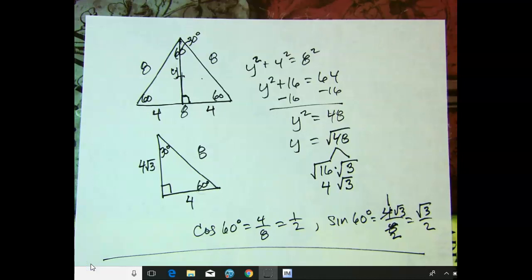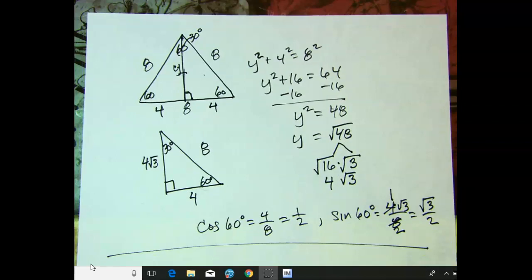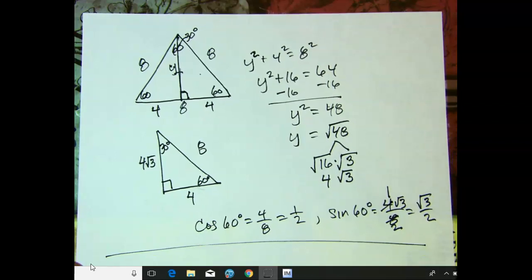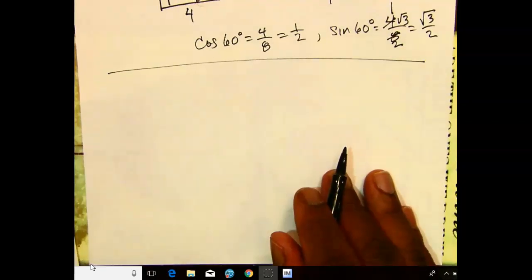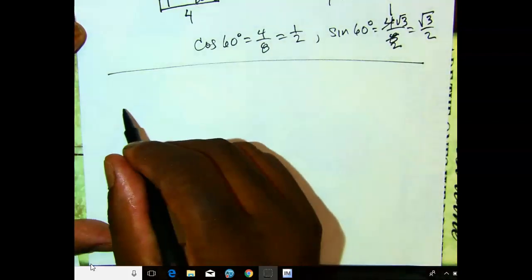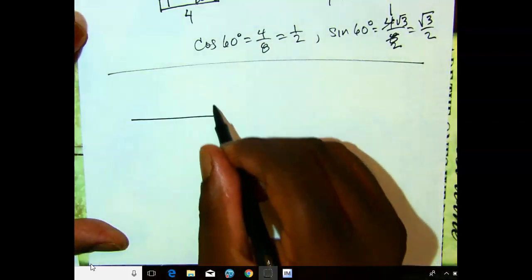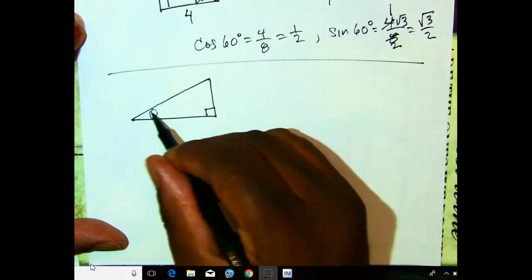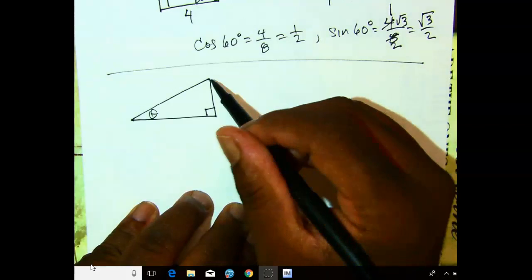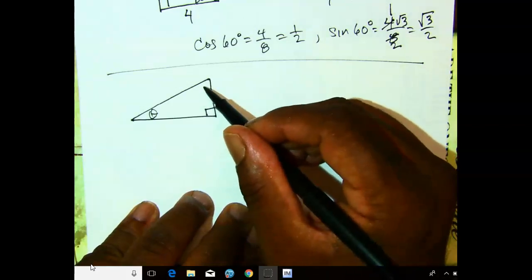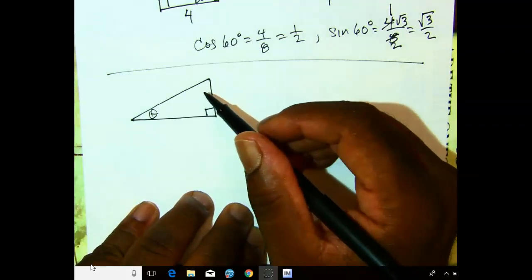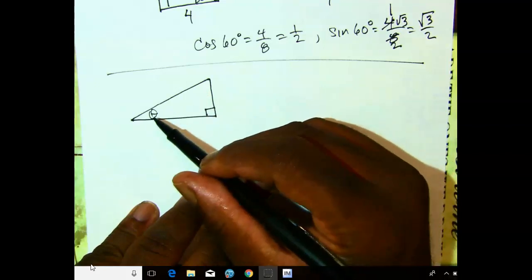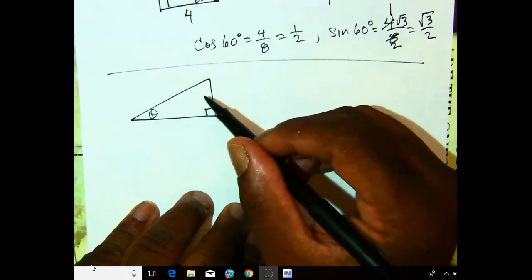Now we're going to take a look at the trigonometric functions, and specifically the two positive acute angles in a right triangle. So here we have a right triangle, the right angle. So if this angle is theta, what's the measure of this angle right here? Well, we know that the sum of the interior angles of any triangle is 180 degrees.